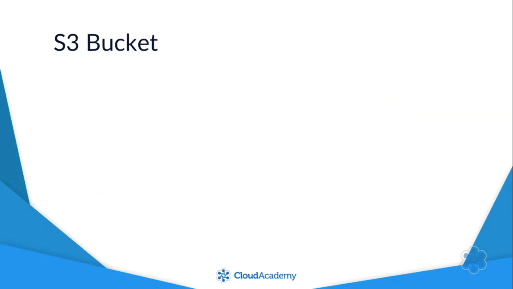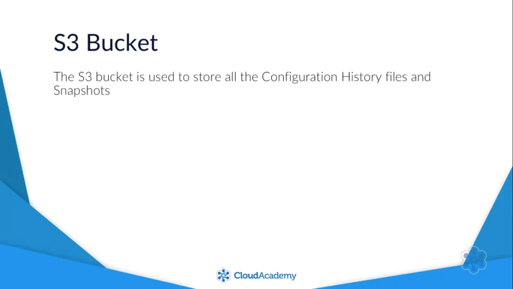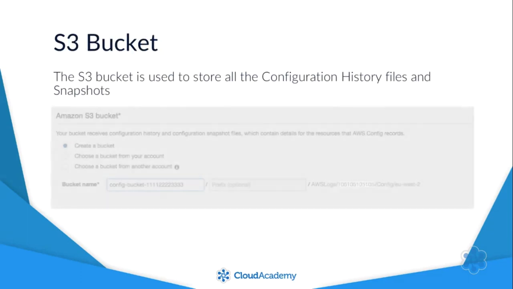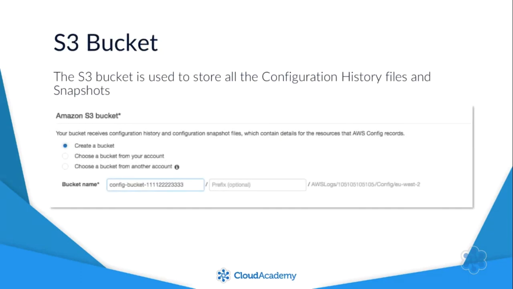The S3 bucket that was selected at the time of configuration is used to store all the configuration history files that are generated for each resource type, which happens every 6 hours. Also, any configuration snapshots that are taken are also stored within the same S3 bucket. The configuration details used for both SNS and S3 are classed as the AWS Config delivery channel, by which data can be sent to other services.